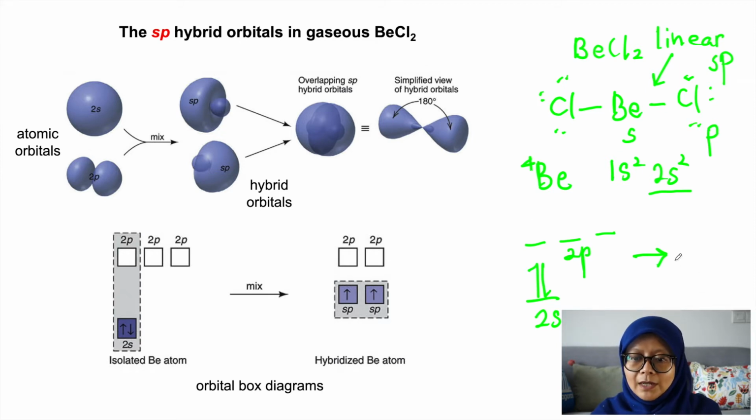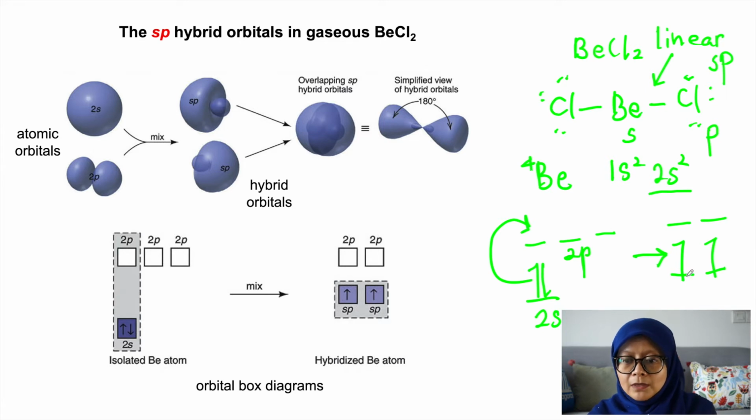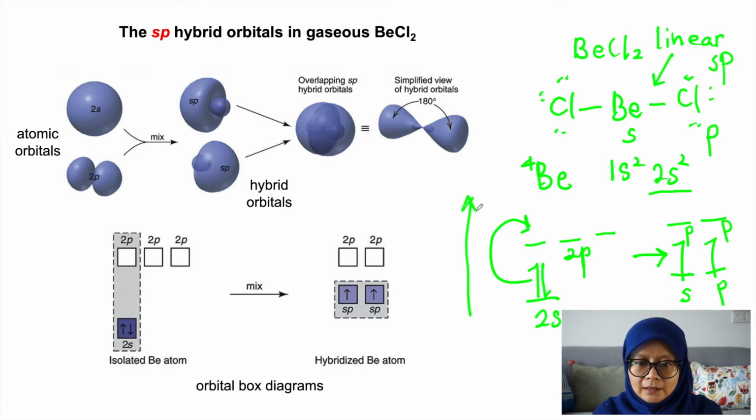So we have 1 electron at 2s and 1 electron at 2p, with 2 empty p orbitals. This is from the s, and this is from the p, while this is also p.